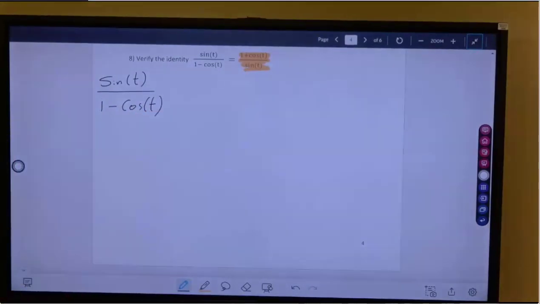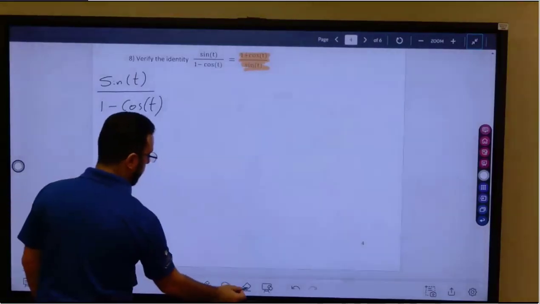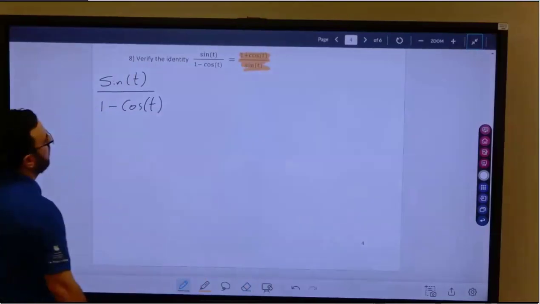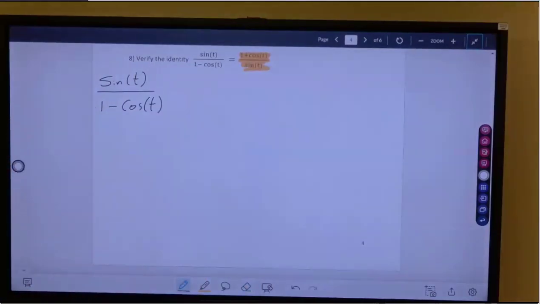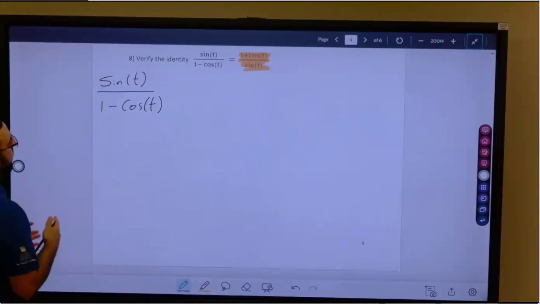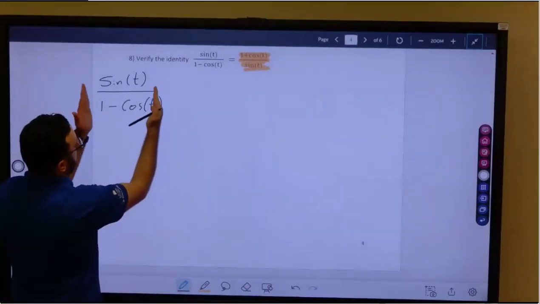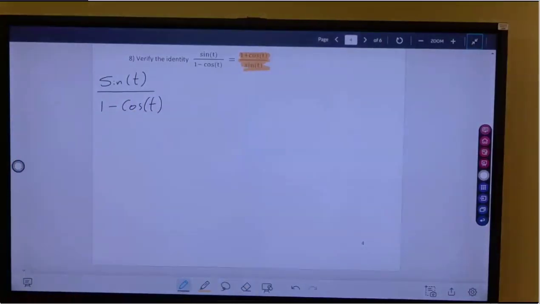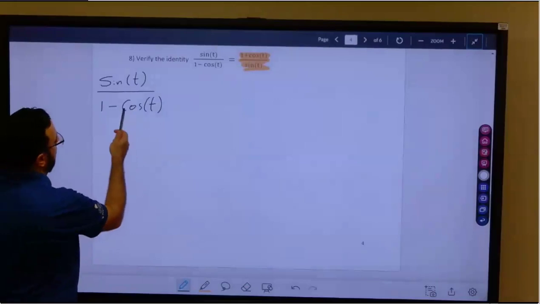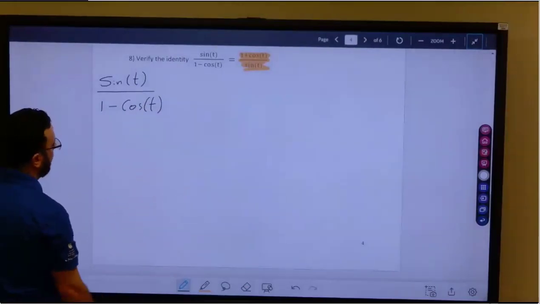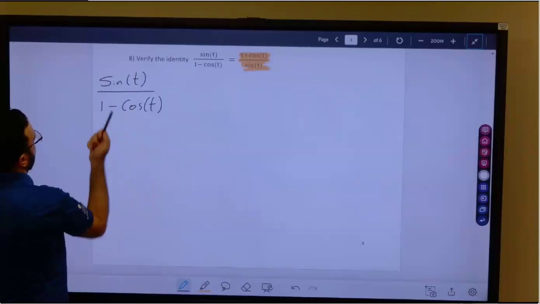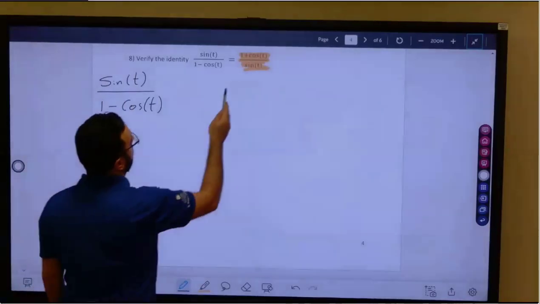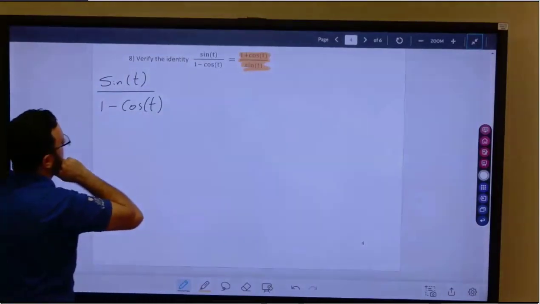If you look at this problem, there are no squares. It's a single fraction, not plus another fraction, so I can't find a common denominator. If you change this one to 1 over secant, or this one to 1 over cosecant, it's not going to help prove it's equal to this side.